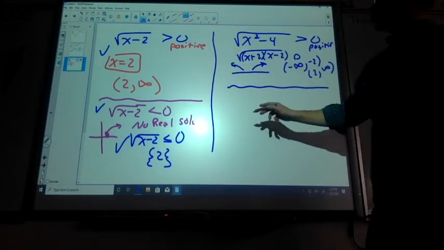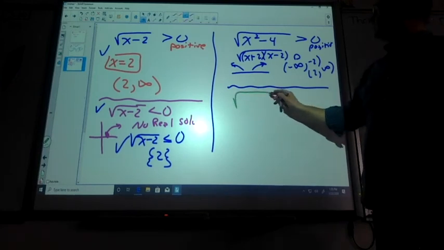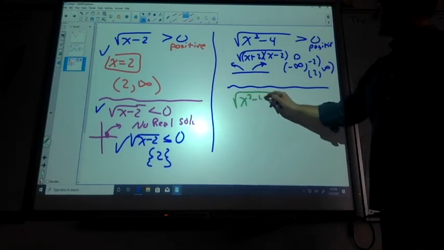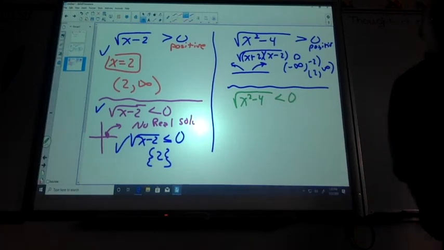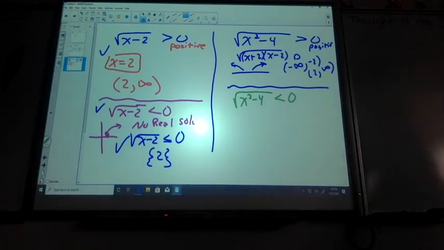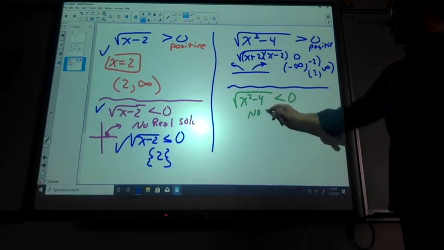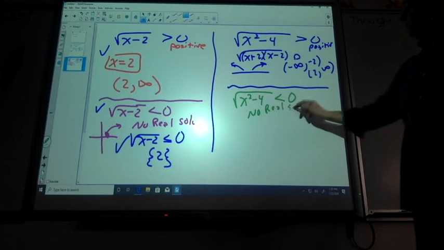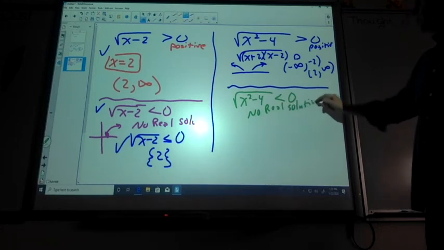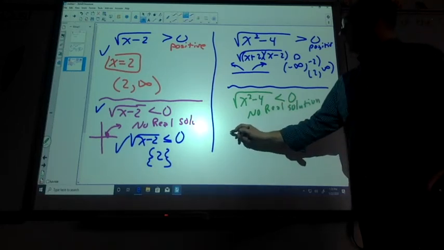But if I have this, does that graph go below the x-axis? No. So no real solution here. But what happens with this graph if I had this?